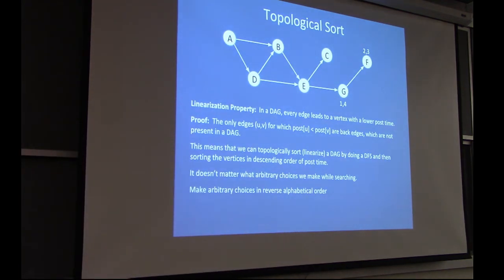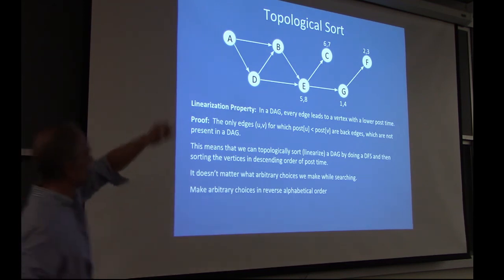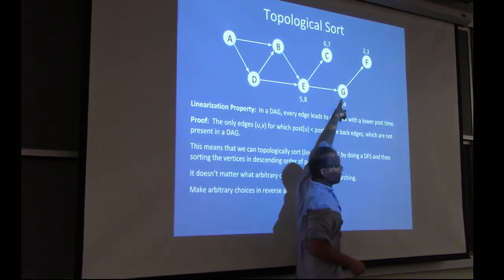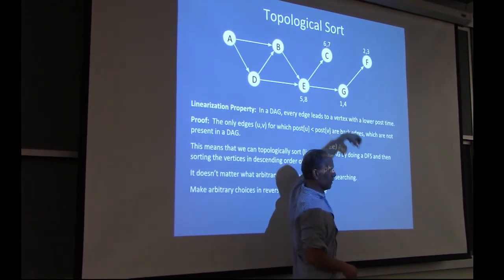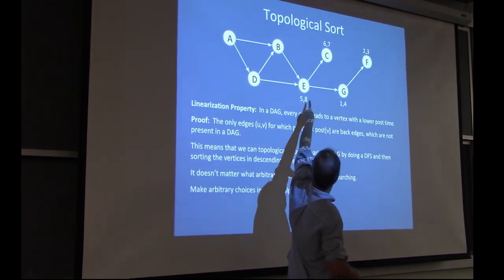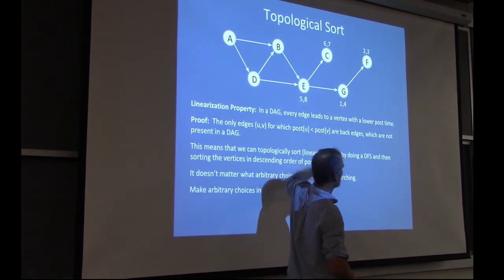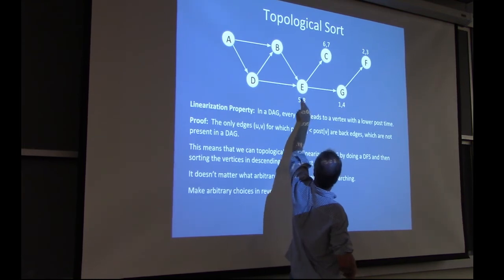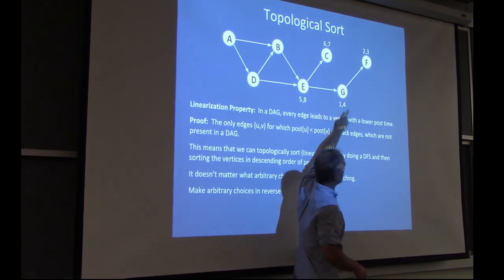Well, now let's see what happens. What if we restart it here at E? It'll go to C, and we've got that property. E has a higher post time than everything downstream from it. But we didn't even go and visit this because it had already been visited. How do we end up with higher post times here, since this happened in a separate call to explore?